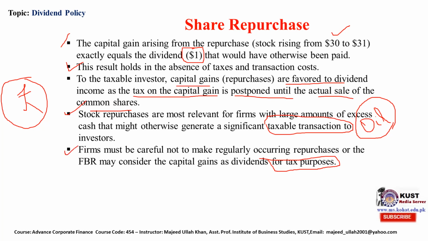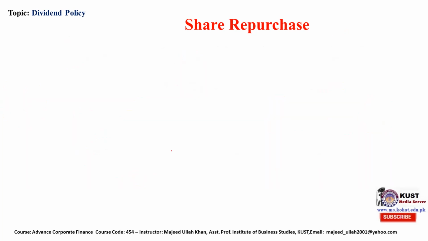If the firm makes it a tradition that, let's suppose, in one year it repurchases its shares twice, and another year it does the same practice, then the FBR may change its law and say that capital gain would not now be considered as capital gain, it would be considered as dividend. So the investor will then be liable to pay taxes on these repurchases as well.